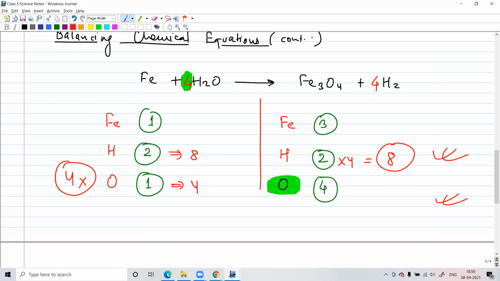Now look at iron. What happens with iron? On the RHS, it is 3. So multiply by 3 on the left hand side over here. So this becomes 3. Okay.